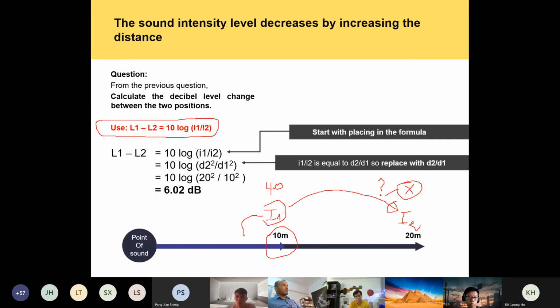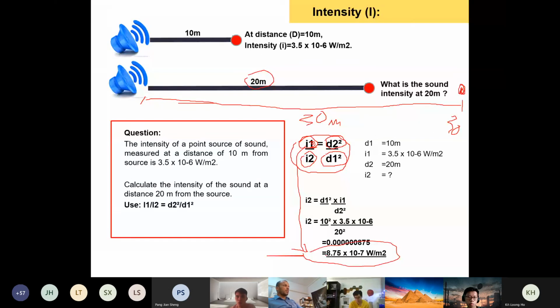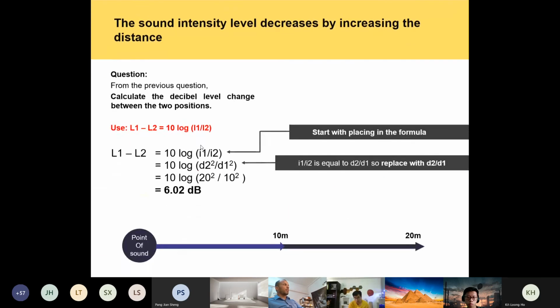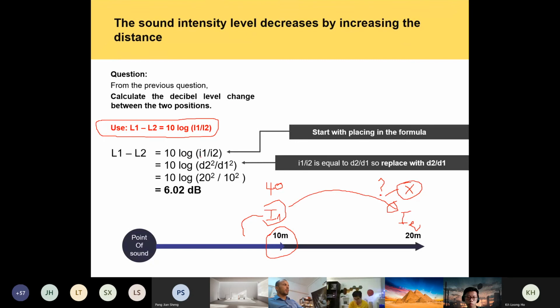However, we can take the intensity 1, which is this number here, over this one. However, since it's a complicated number, and since I1 over I2 is equal to D2 squared over D1 squared, this means we can just take the easy numbers to apply the logarithmic equation here.